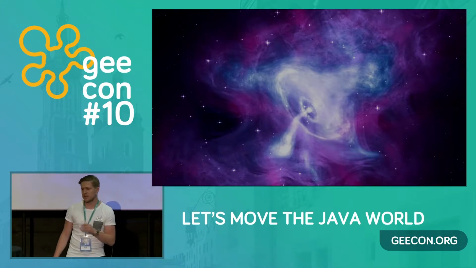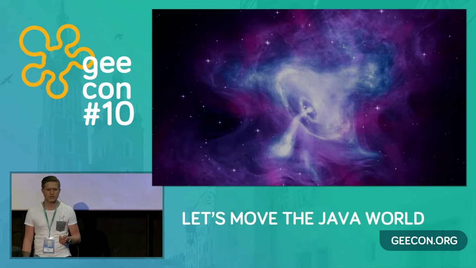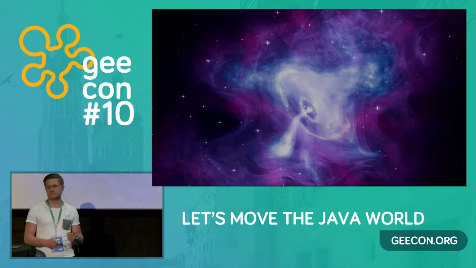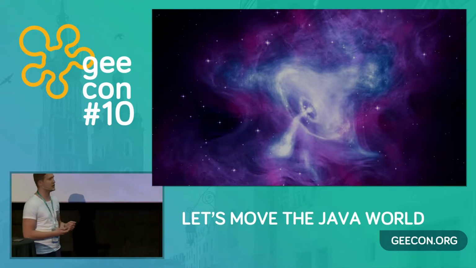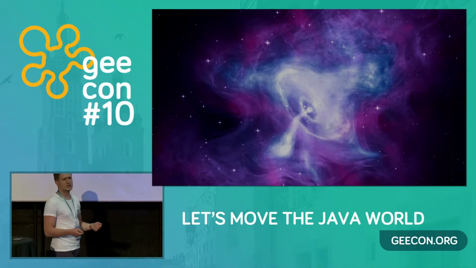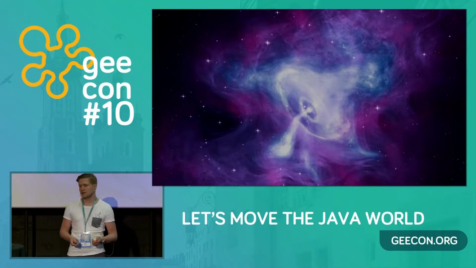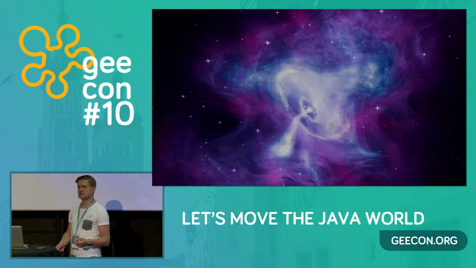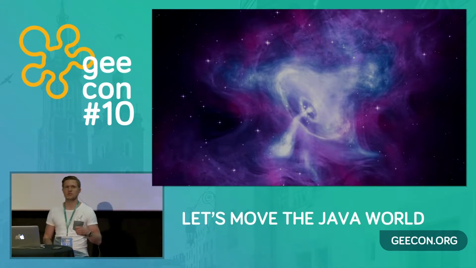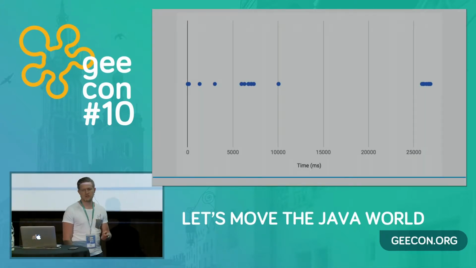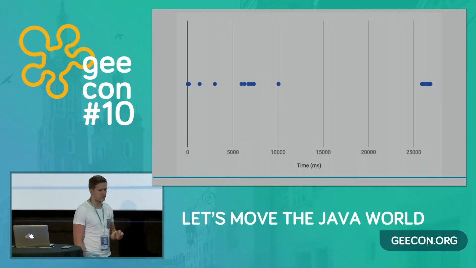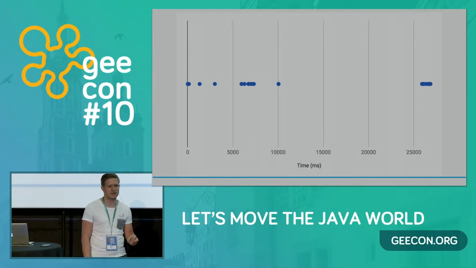And to get from this abstract to something more concrete, I actually spawned a new application, a simple Spring Boot application with HTTP server and MongoDB as a database, and graphed what threads are actually created at which time. So this is about 25 seconds of application lifespan.